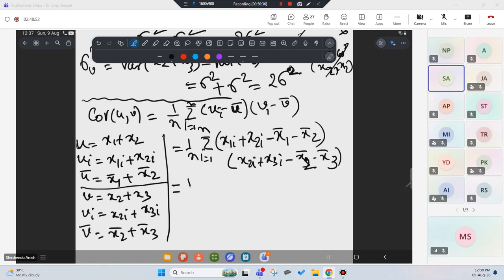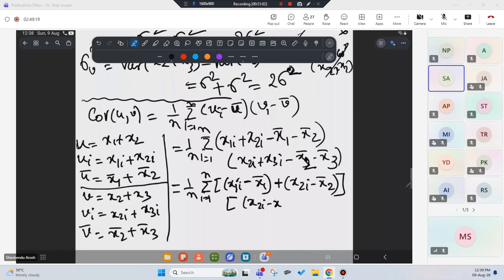If I take this together, x1i minus x1 bar plus x2i minus x2 bar, this is the left hand side, and the right part would be x2i minus x2 bar plus x3i minus x3 bar. So you can see there, a plus b multiplied by b plus c. That is basically what is happening.